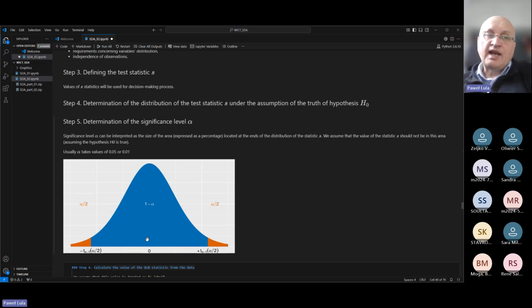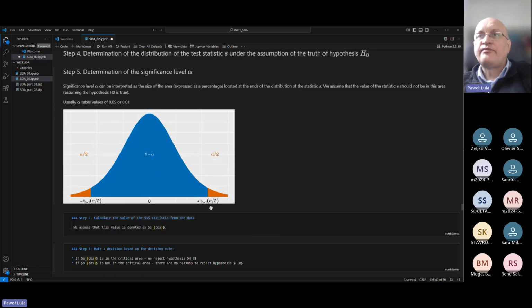If it is outside this region, in this area, which is marked here using orange color, then it means that probably our zero hypothesis is not true. And we should reject this hypothesis.